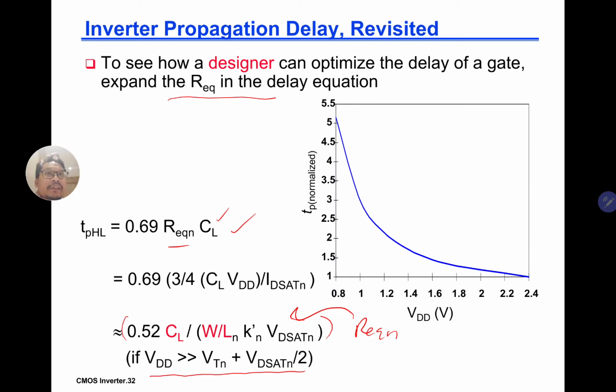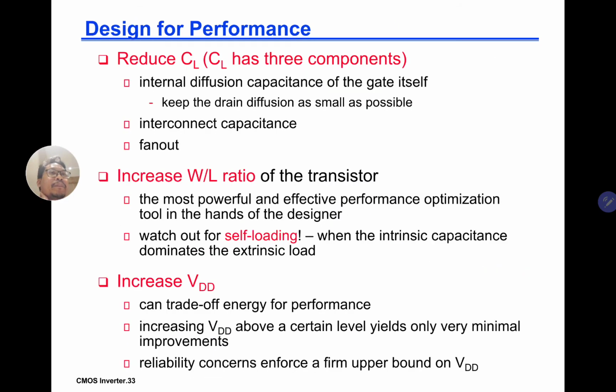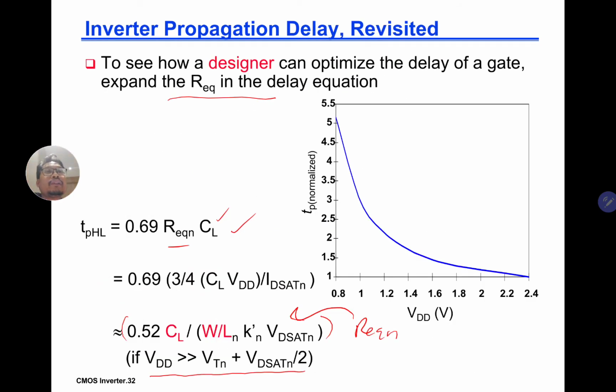Later on we'll see more examples of how we can use this equation, but this is one of the few ways that we can get the resistance. So basically if you think of resistance, Req n is actually VDD over IDN, because let's say we are discharging a node like this.